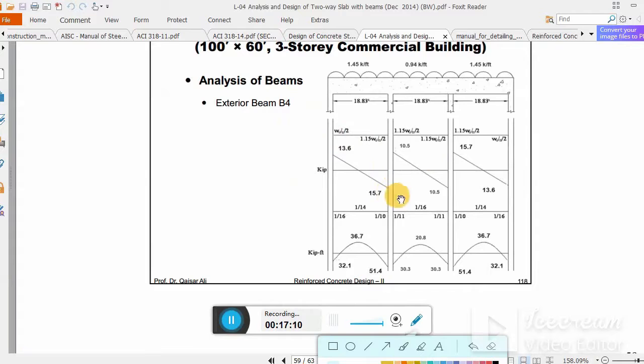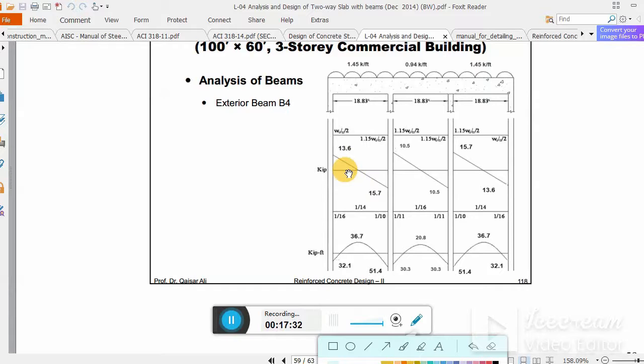But although sometimes, let me show you this diagram here. You see the shear diagram. The shear is maximum at the support and minimum at the central portion. Now 13.6 is the amount of shear.